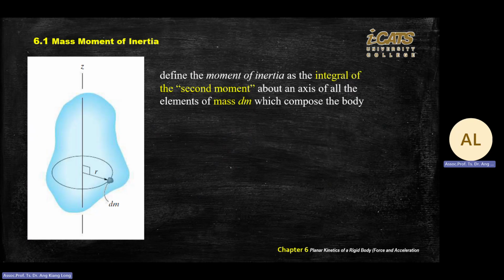So we want to develop the equation for moment of inertia. Moment of inertia is given by this integration: you integrate r squared dm. This is a general equation to calculate inertia.